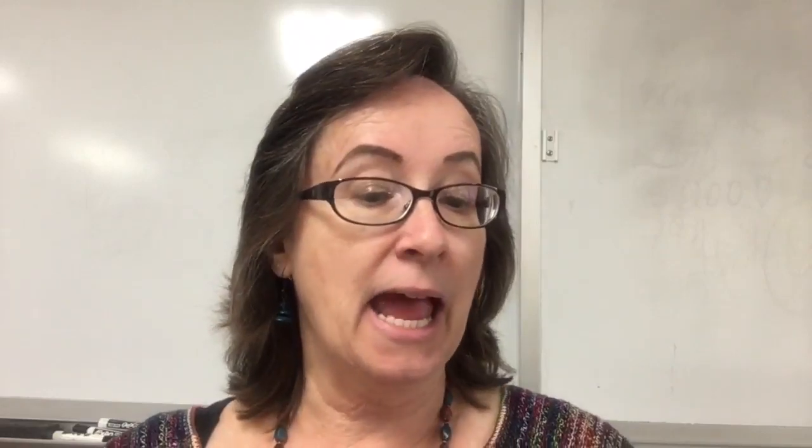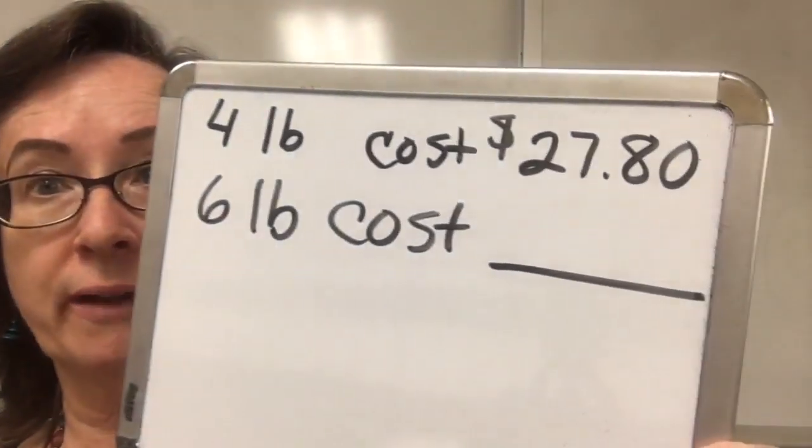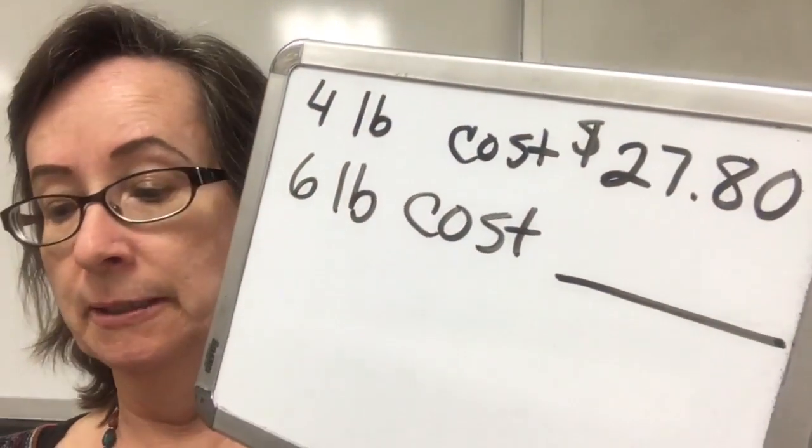The first word problem is if 4 pounds of coffee cost $27.80, how much would 6 pounds cost? So you're just setting up a ratio, or in this case, a proportion.